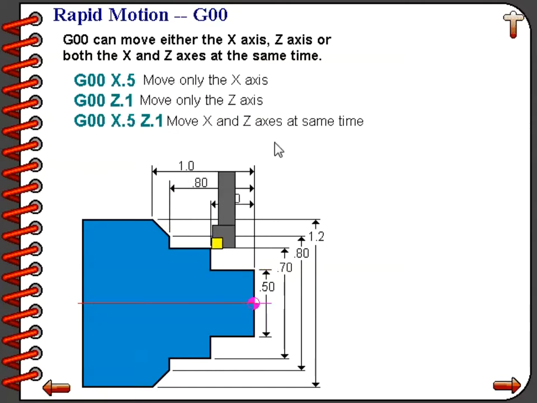When we are moving both axes at the same time, as we've been demonstrating with our approach movement and our return movement, G00 X some position and Z some position. If we command X and Z on the same line, we will be moving both axes. Otherwise, if we only command one or the other, only the axes specified will move.